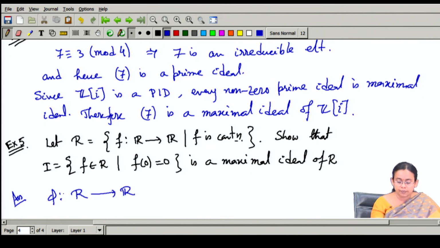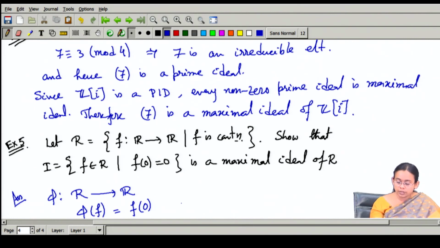Say phi is the map. How am I defining this phi? For any continuous function f, I send it to the evaluation of f at 0. So, as an input this phi map takes a continuous function from R to R, and as an output we are just evaluating that continuous function at the point 0.